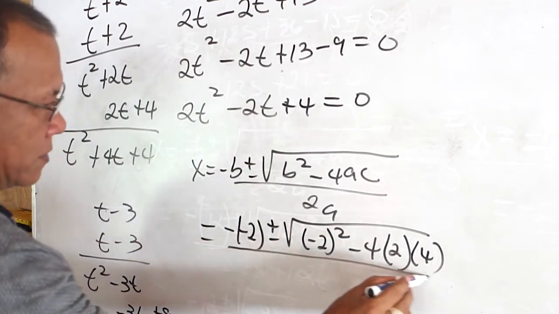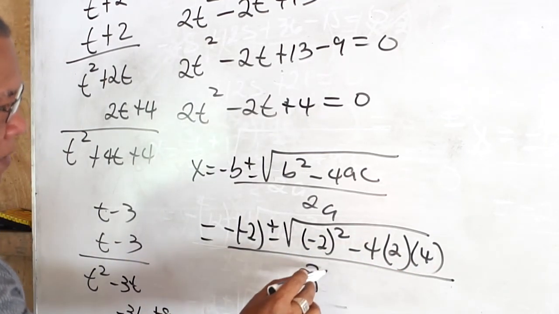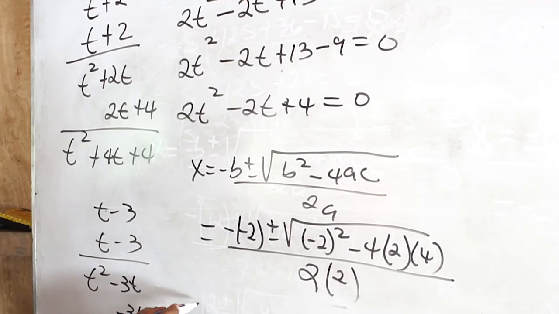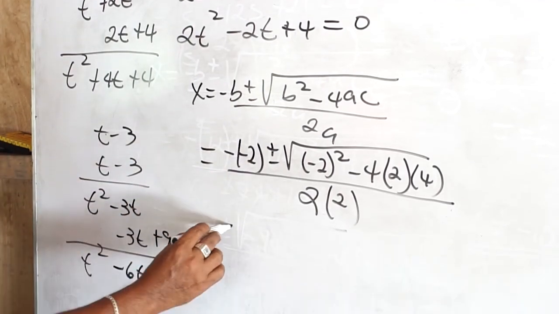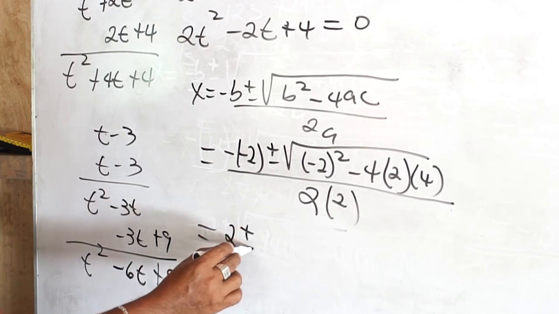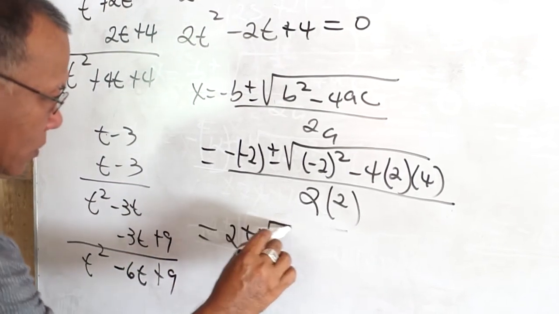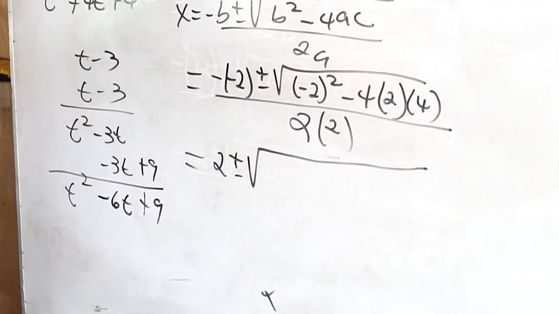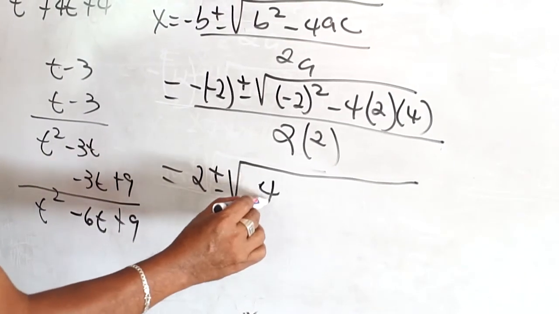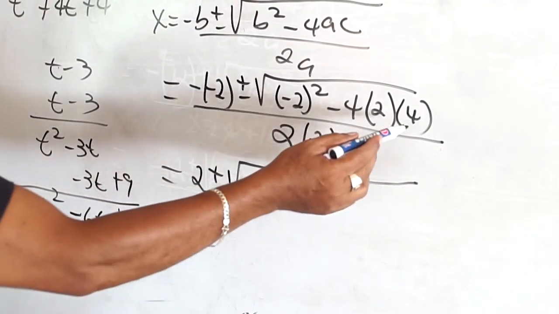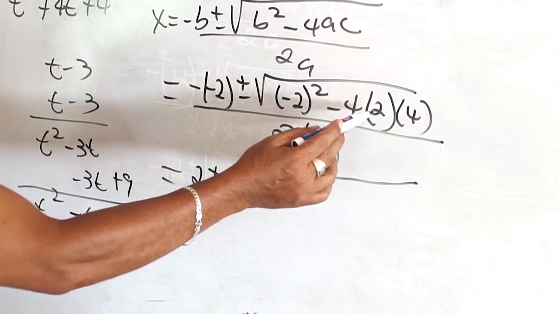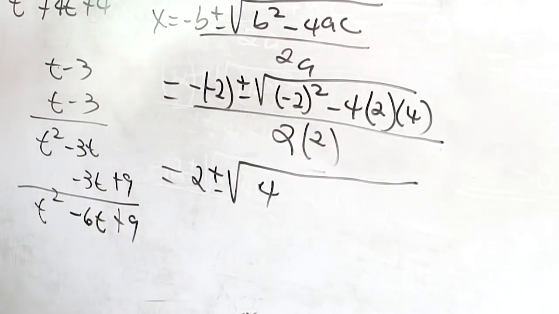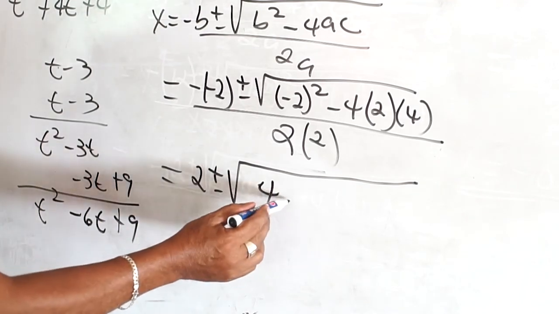Then over, okay, we have 2, the value of a is 2. Okay, simplify, negative 2 times negative, the result is positive 2. Positive and negative, the square root of, the square of negative 2 is 4. Then we have multiply, 4 times 2, 8. 8 times 4, negative 32.